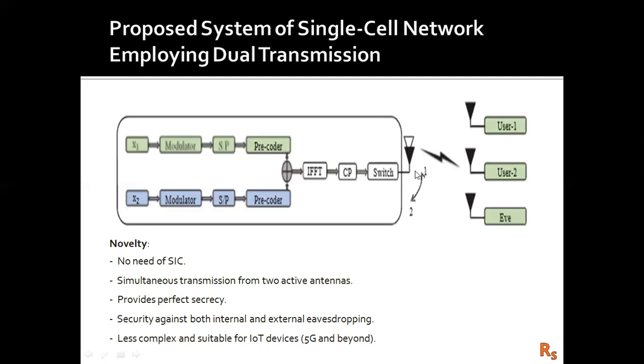This process of using multiple antennas for transmitting the data is called antenna diversity, which is transmitting the same data from two different antennas.